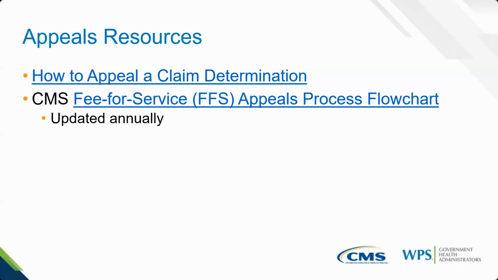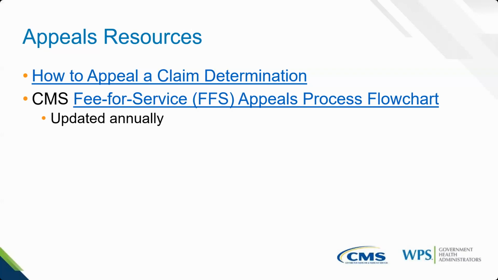And I particularly like this because you can see where you're at in the process. If you're at level 3, it tells you to which entity you need to submit that appeal request. As I mentioned, there's a lot of great information out on our website in that how to appeal a claim determination resource that does identify each of the 5 levels.